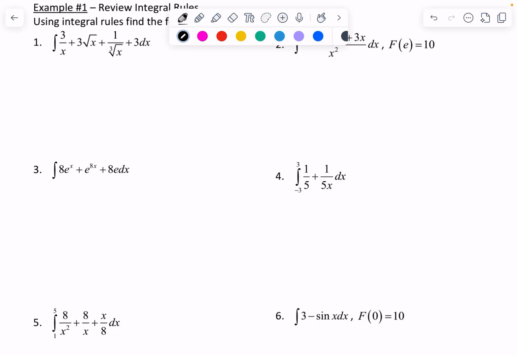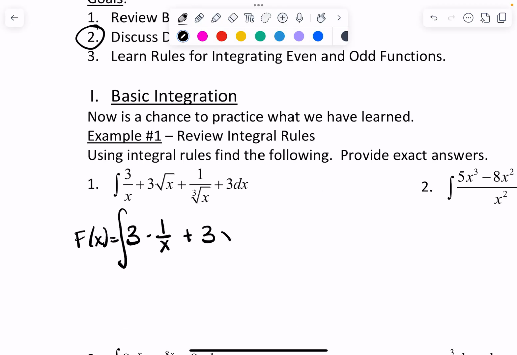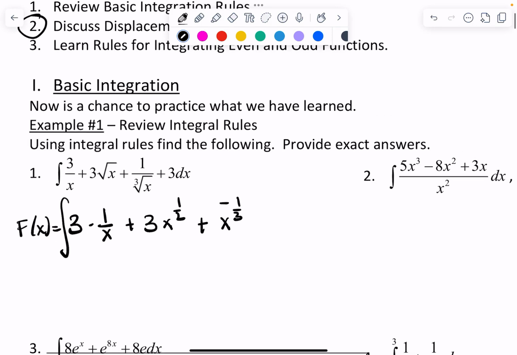This says big F equals 3 times 1 over x, take the integral, plus 3x to the 1/2. Again, we're going to integrate that, plus x to the 1/3, and we're going to integrate that, but it's down in the denominator, so it's negative, plus 3, and we're going to do it all with respect to x.